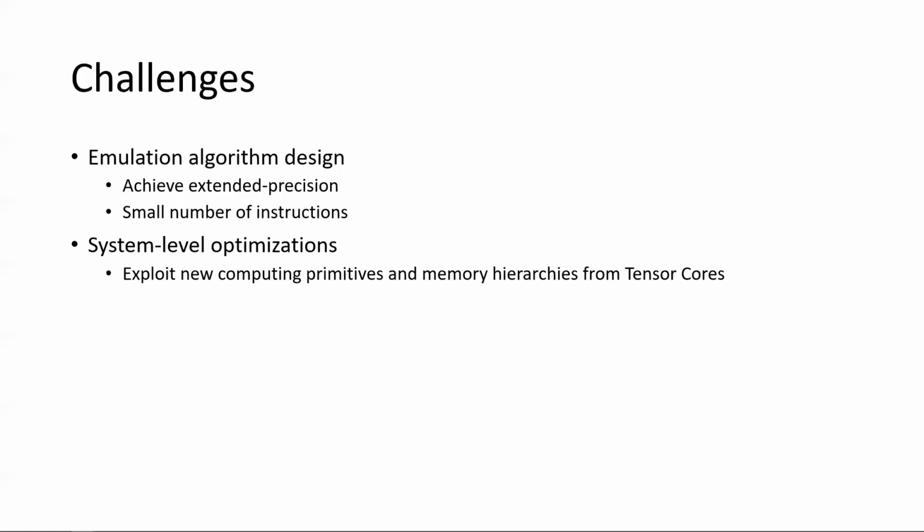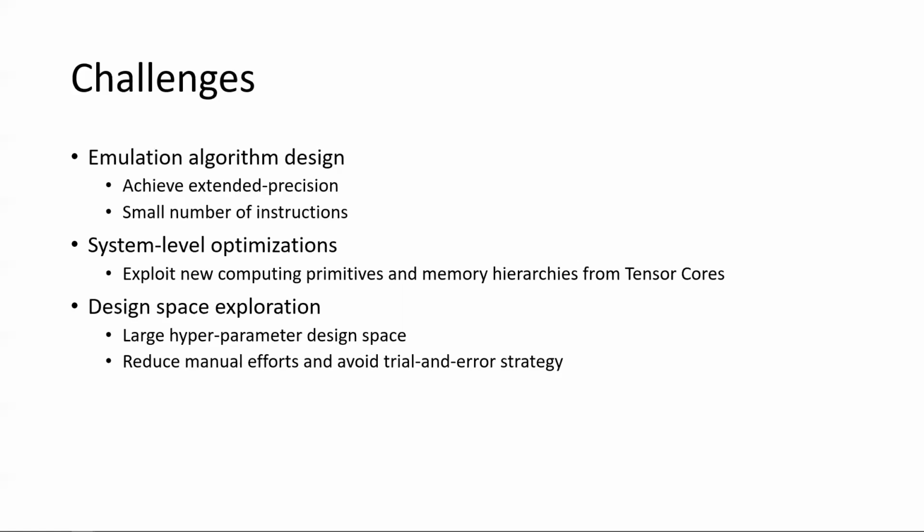Actually, we need to explore the new computing primitives and memory hierarchies from tensor cores. The third thing is the design space exploration. Actually, there is a large hyperparameter design space. We want to reduce manual efforts and avoid trial and error strategy.